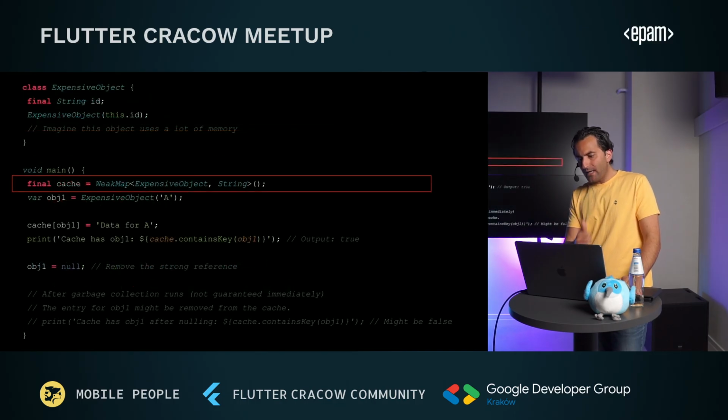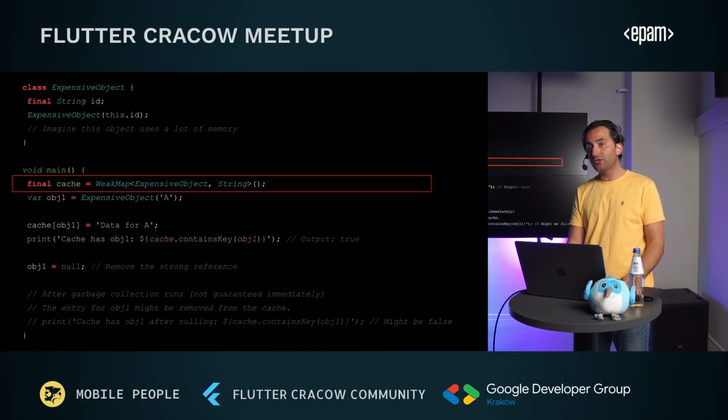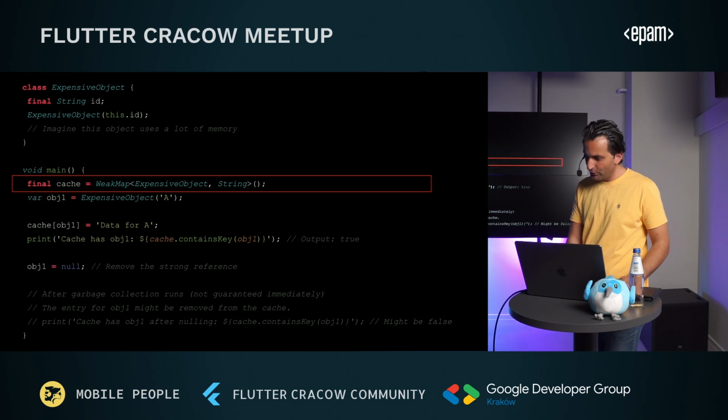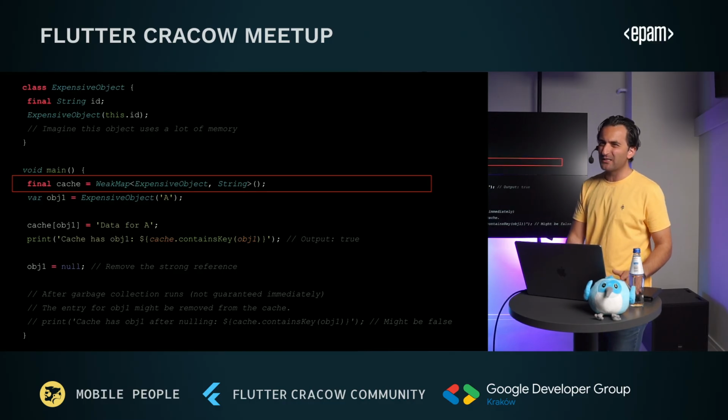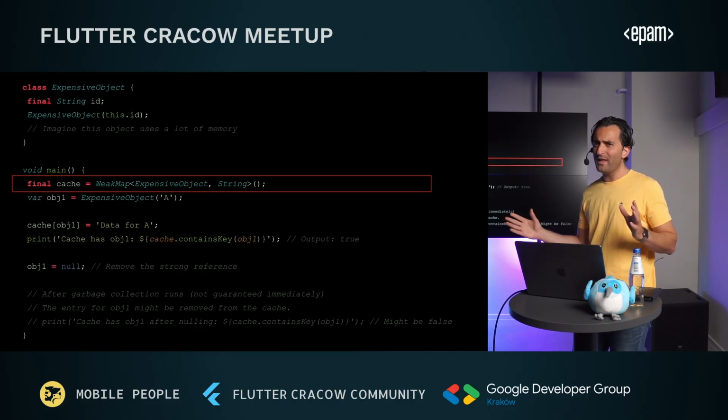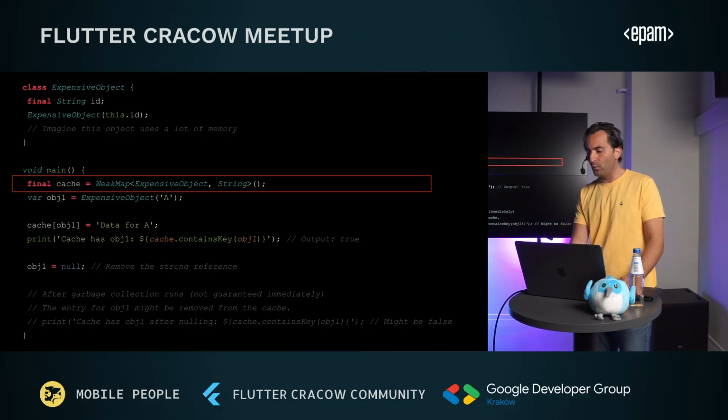Another way is, for the map kind of object that you create, instead of map, using the weak map. First of all, the weak map can be imported from widget.dart from Flutter, so it is accessible without any package. This is for key-based storage, where the keys are held weakly, which means they can be garbage collected when there is no reference to them, or when the entry is removed.